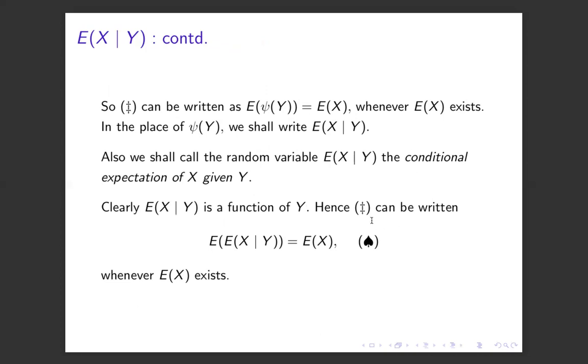And also this double dagger can now be written as: the expectation of the conditional expectation of X given Y is the expectation of X, provided the expectation of X exists. This also gives you an idea that when X is a random variable with finite expectation, the conditional expectation of X given Y can be defined.